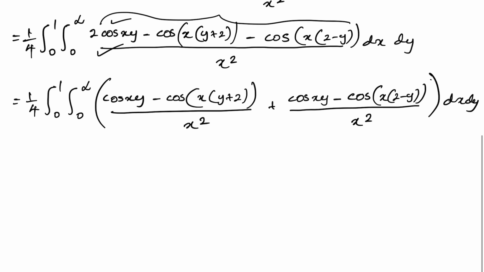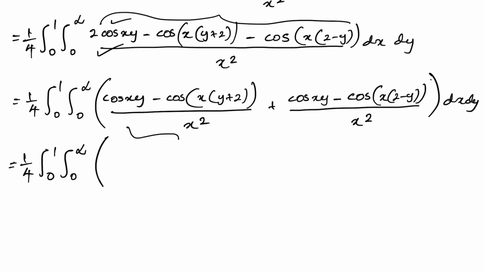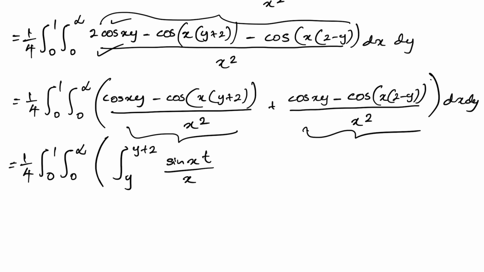Okay, as a next step, 1 over 4 integral from 0 to 1, integral from 0 to infinity. Instead of this part and this part, again we can use another definite integral, because if we integrate from y to y plus 2 of sine of xt over x, we have this part.